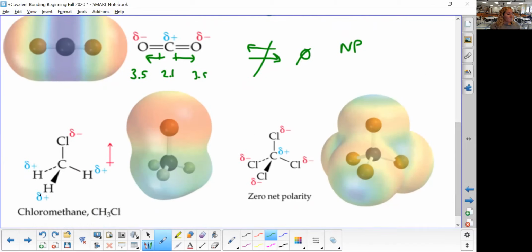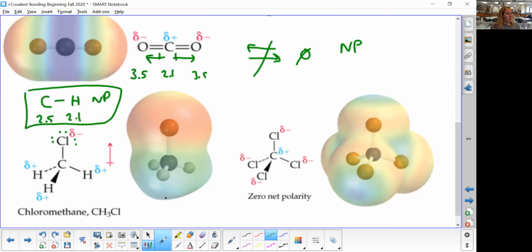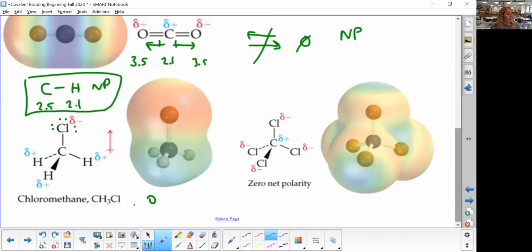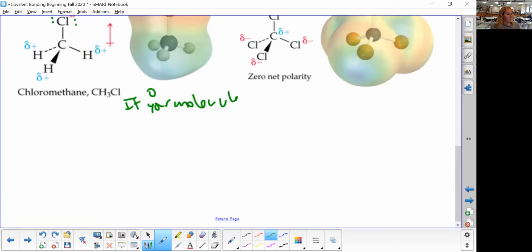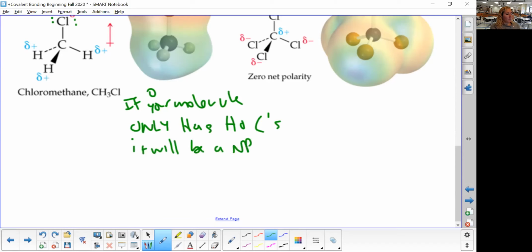So with CH3Cl, if you have one difference here, and this is important to note, a carbon-hydrogen bond is considered a nonpolar bond. Carbon is 2.5 and hydrogen is 2.1. It's worth mentioning that if your molecule only has hydrogens and carbons in it, nothing else, it will be a nonpolar molecule.